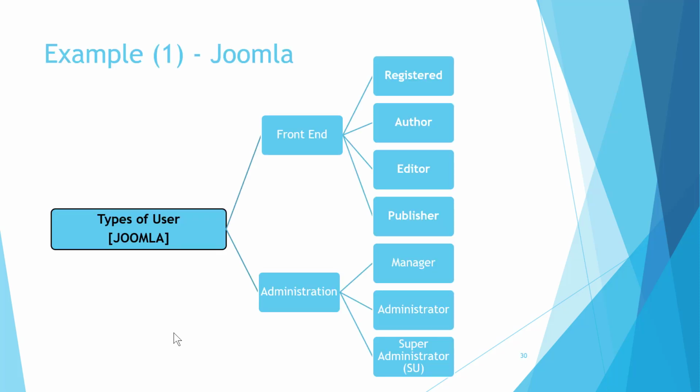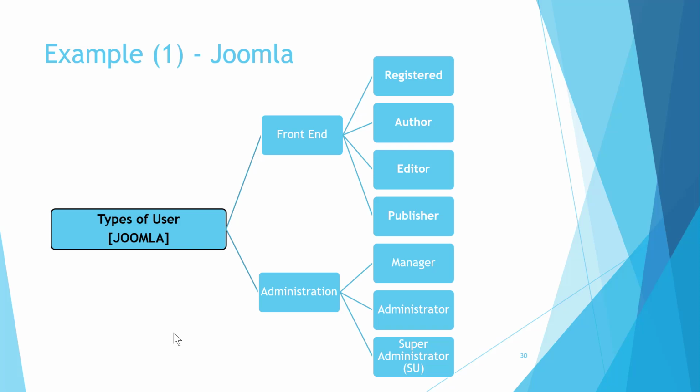So this is another example. In Joomla, we have two types of user. We have the front end and the administrator, and the administrator can have the roles of manager, administrator, and super user, and the front end has registered, author, editor, and publisher.